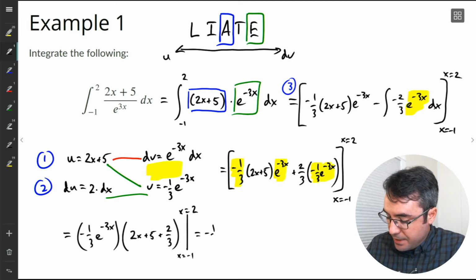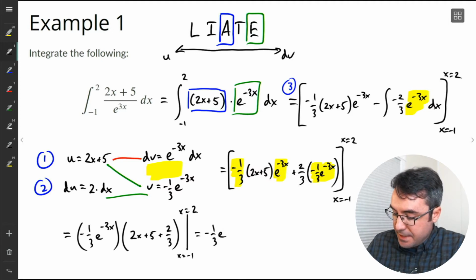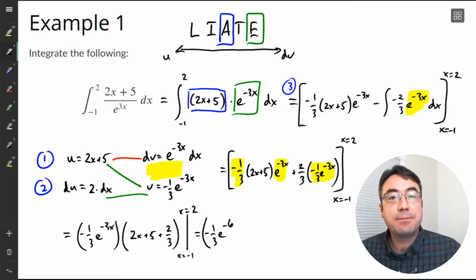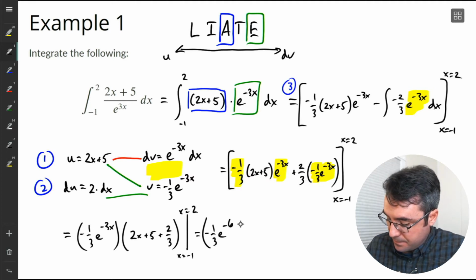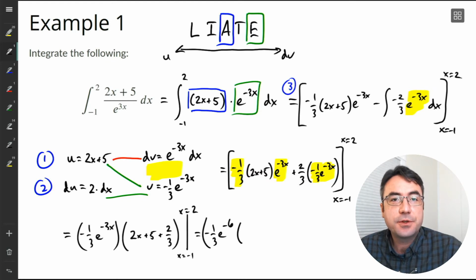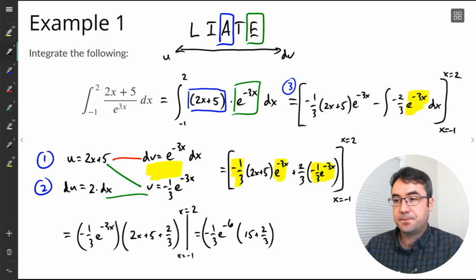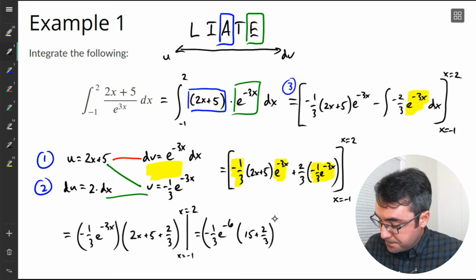When we do that, we end up with -1/3 e to the -6. We're plugging in 2, our top number, first. Then instead of the 2x plus 5 plus 2/3, when we plug 2 into that, we get 15 plus 2/3. And that's what we get when we plug in 2.